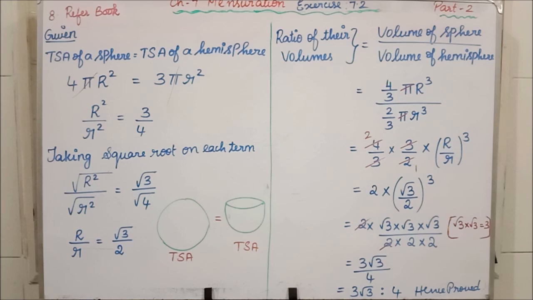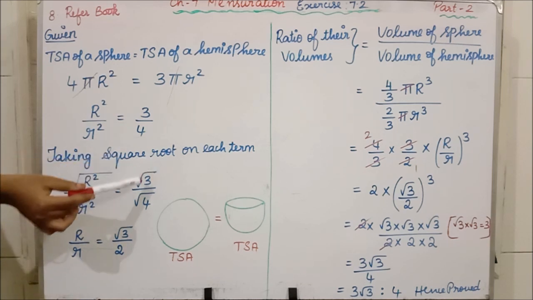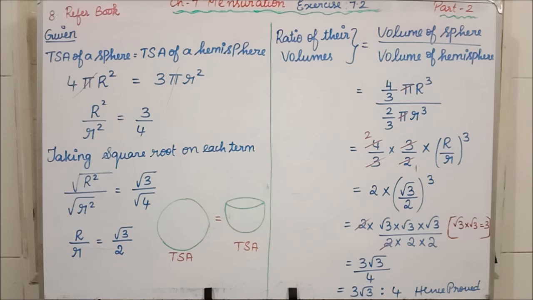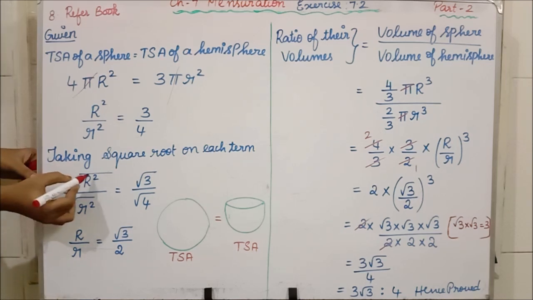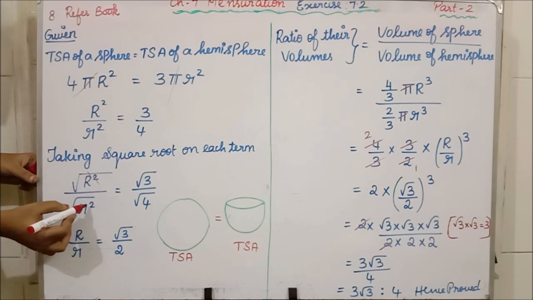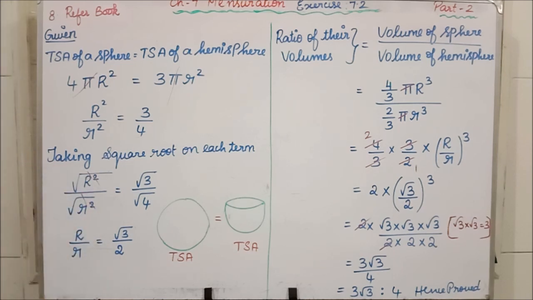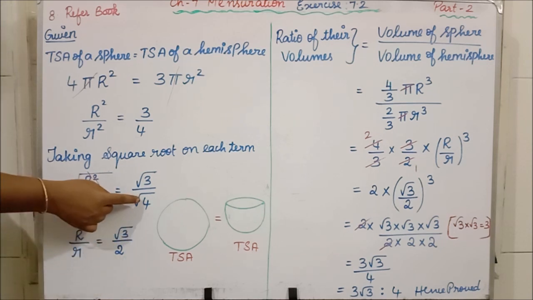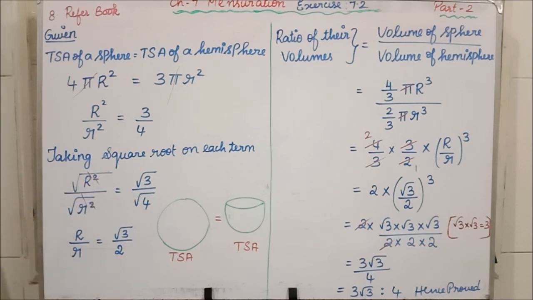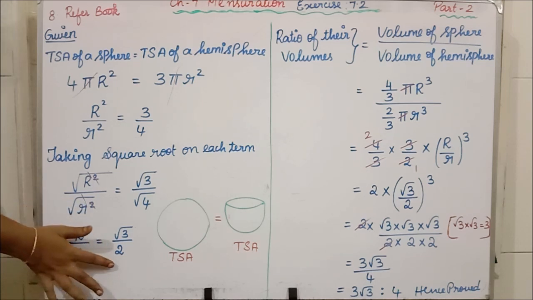Square root of capital R square divided by square root of small r square equal to square root of 3 divided by square root of 4. Clear? After taking the square root, the square and square root will get cancelled. We get root 3 divided by root 4. Answer is what? 2. Clear? So capital R is root 3 and small r is 2.